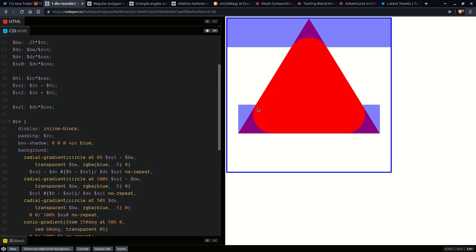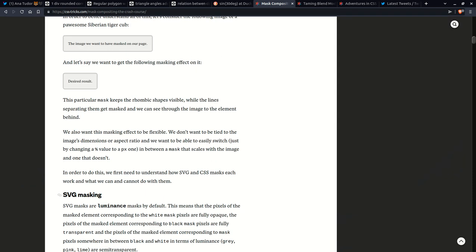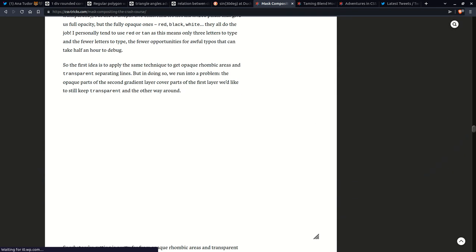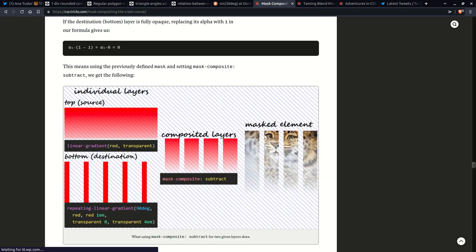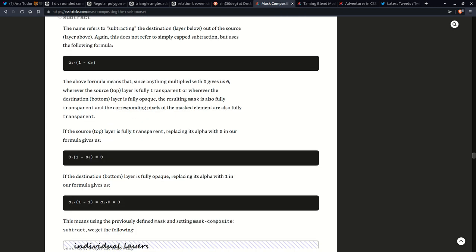Okay, so now something that we could do is subtract those solid parts, those blue parts, from the red. We can't quite do that with backgrounds, but we can do that with masking, and specifically mask compositing. Now, I wrote an article that goes into a lot of detail here. So what we're going to use here is the subtract.